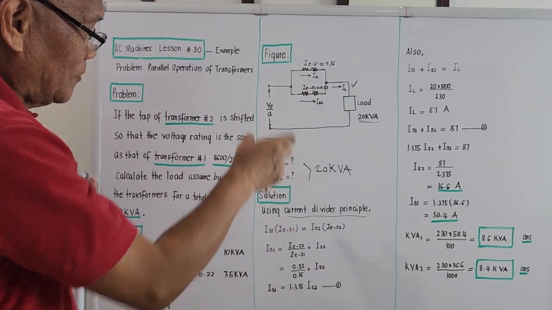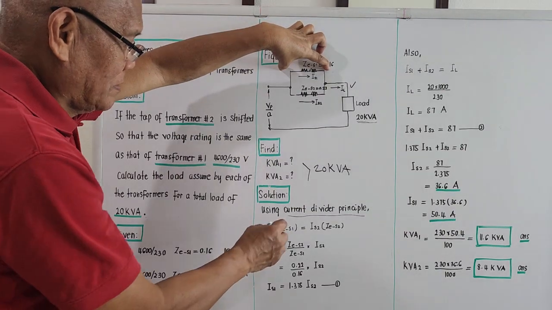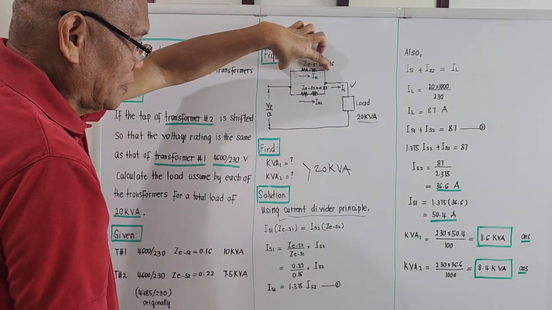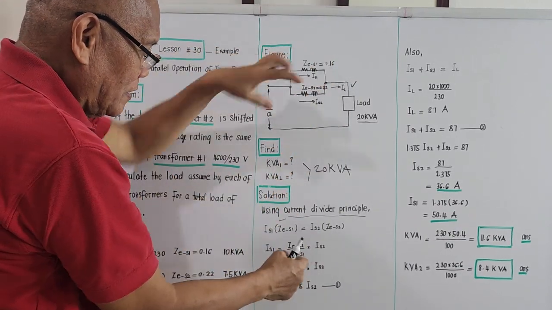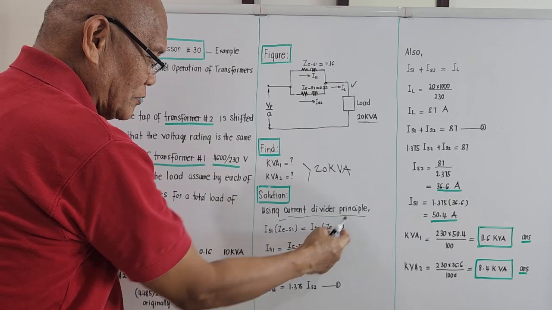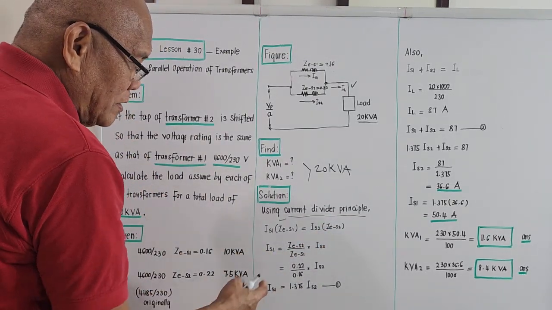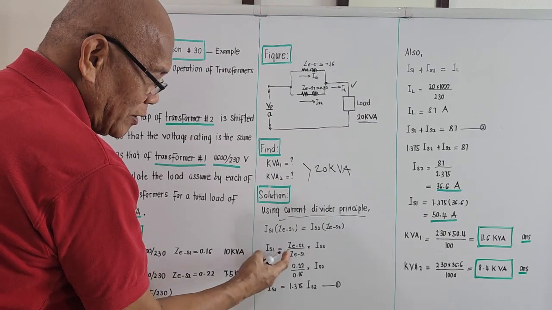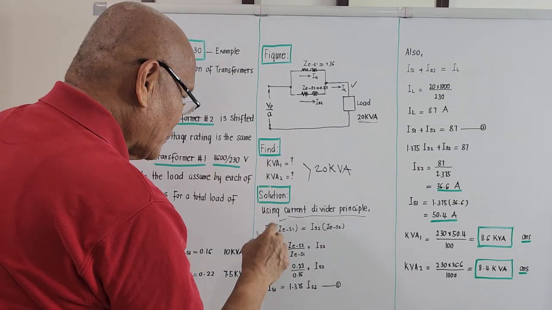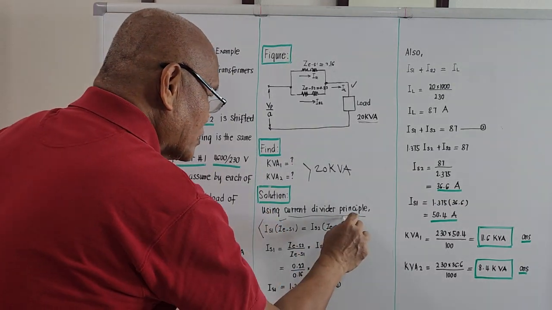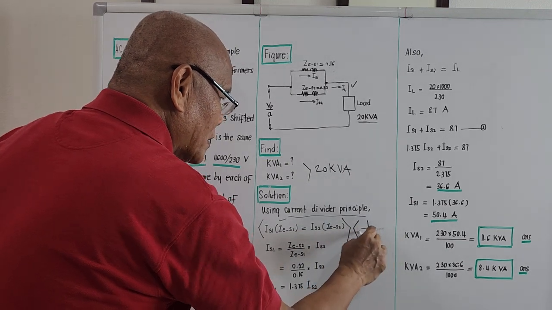The voltage across this is I_S1 times Z_S1, and the voltage across this will be the current passing through it times its impedance, that is I_S2 times Z_S2. Solving for I_S1, I_S1 will be Z_S2 over Z_S1 times I_S2. It's just algebraic manipulation: we multiply this by 1 over Z_S1.